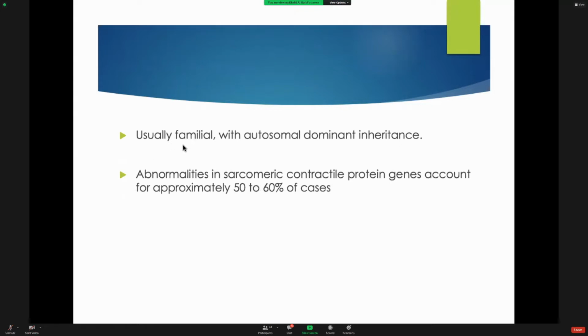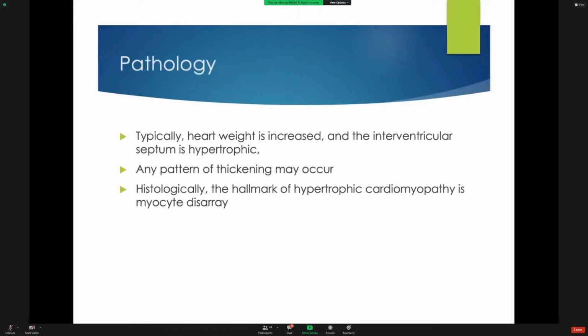It is usually familial with autosomal dominant inheritance, so if you discover one patient, you have to do whole family screening. Any pattern of thickening may occur, like septal or concentric.